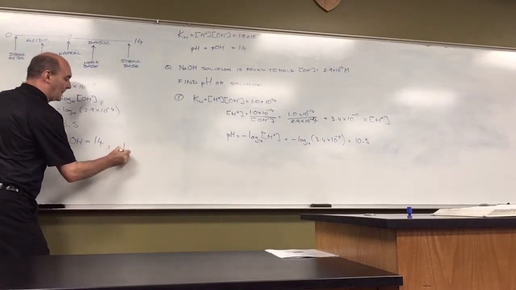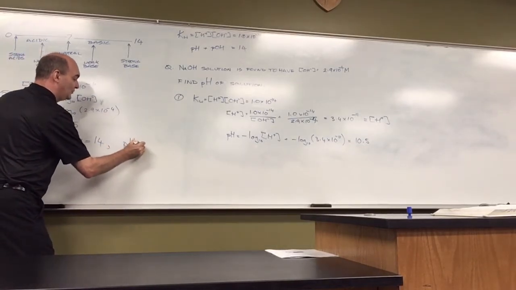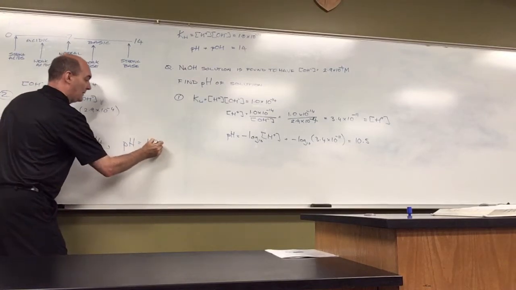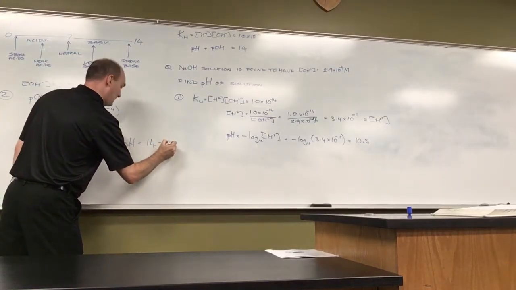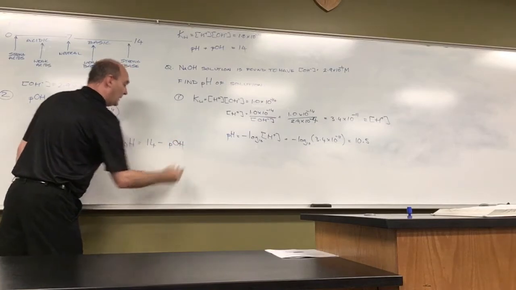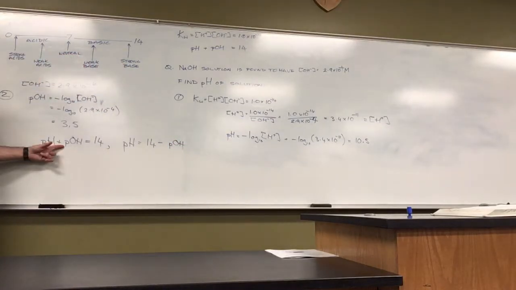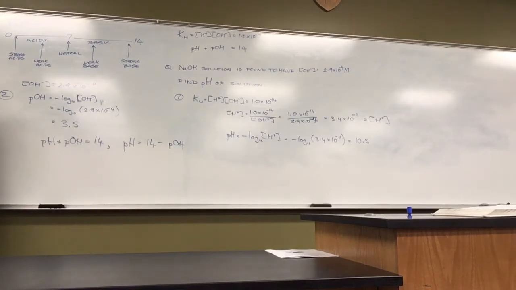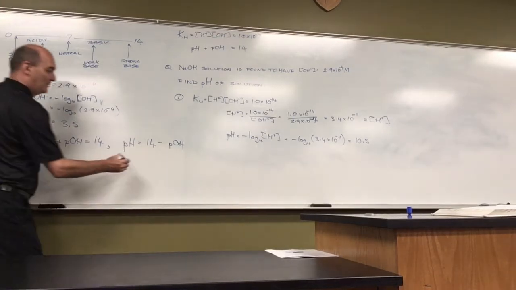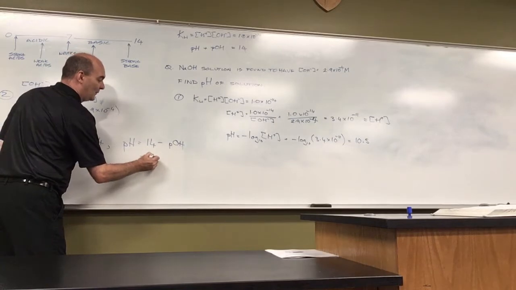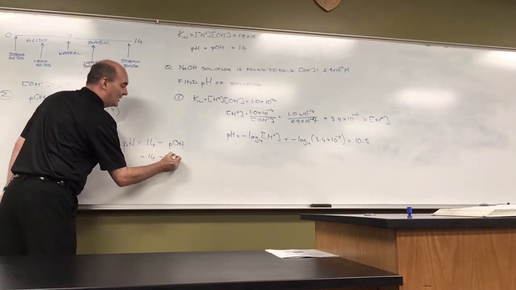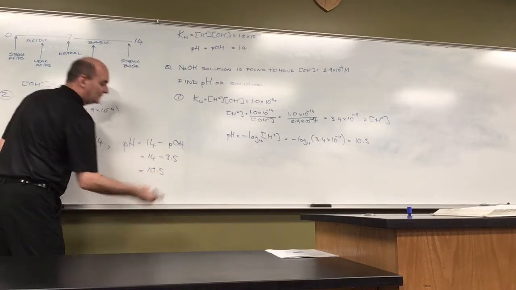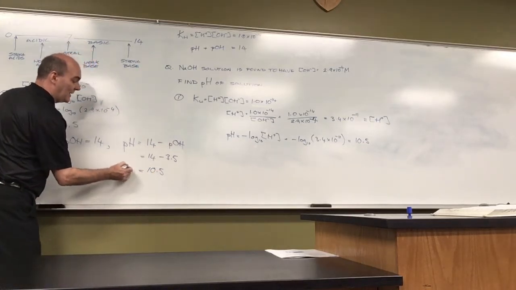Therefore, pH is 14 minus pOH, just moving it across the equal sign. Which is 14 minus 3.5 equals 10.5. Same answer.